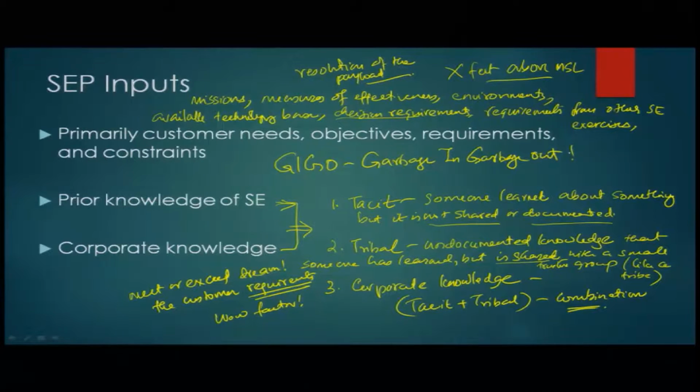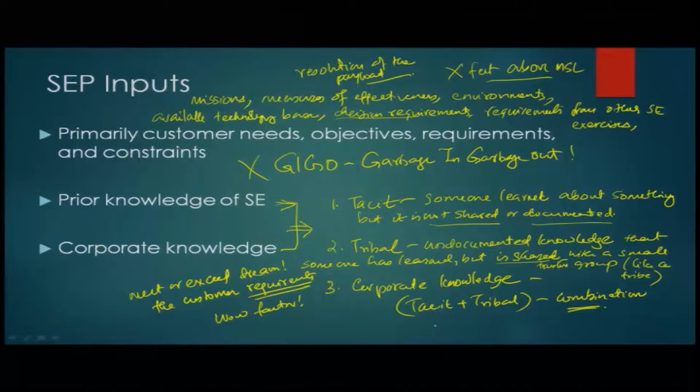So the systems engineer needs to ensure that GIGO does not happen in this process. Use whatever information is available, whatever the customer specifies, all those things need to be taken into consideration, even including the tacit and tribal knowledge and the corporate knowledge, whatever you can, and come up with a really good requirements document from which a good system development can translate.